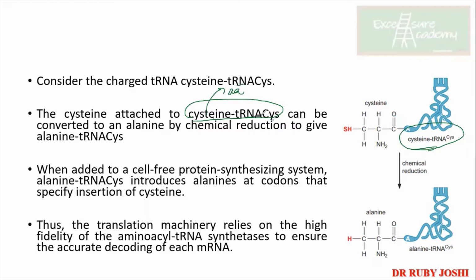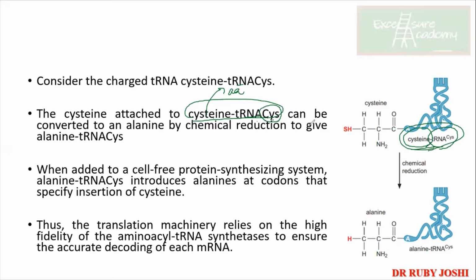The tRNA Cys means it is a tRNA having the anticodon for the amino acid cysteine. Able to follow? You will find this in the textbook also. So what does it mean? This is the tRNA coding for cysteine and it is charged with the amino acid cysteine. Clear?